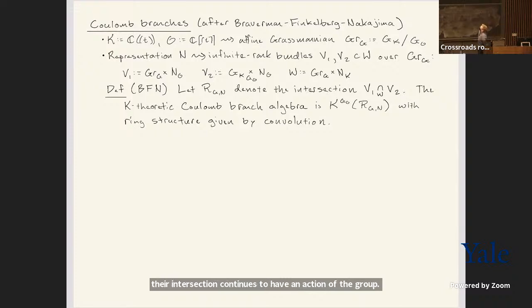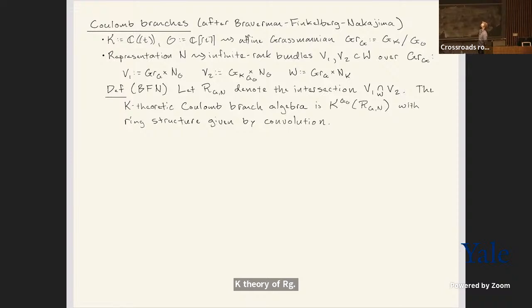And so the K-theoretic Coulomb branch algebra is just the G_O-equivariant algebraic K-theory of R_{G,N}. This has a natural ring structure, a natural convolution product related to the convolution product of the affine Grassmannian. Let me not worry about giving the explicit definition of that.